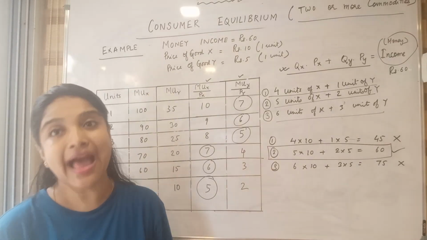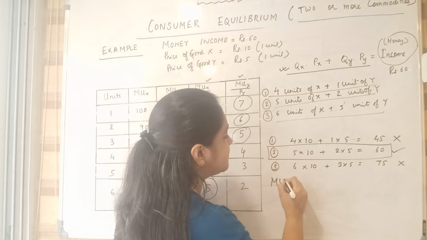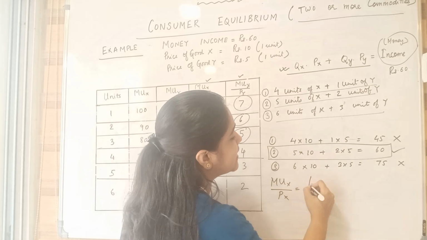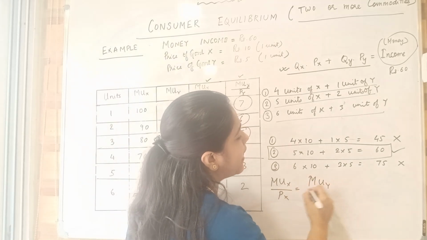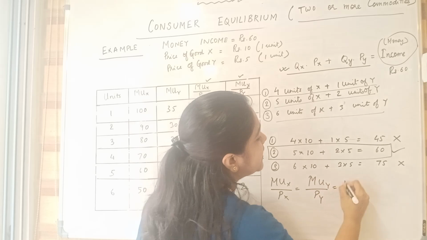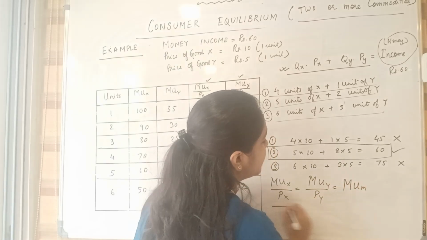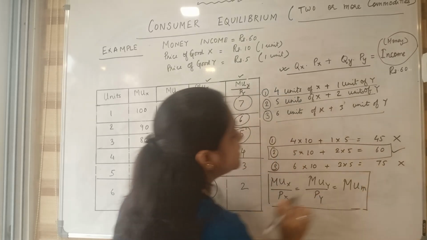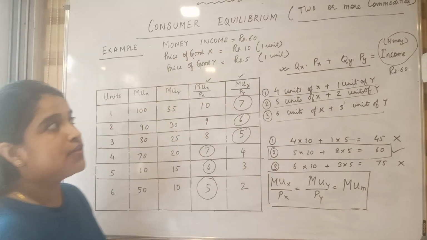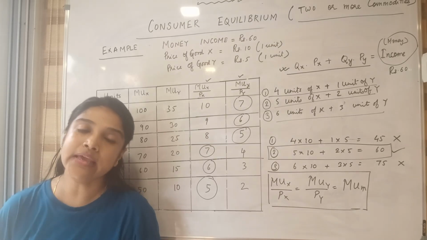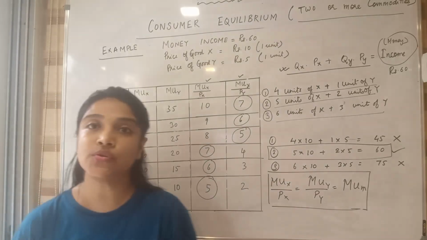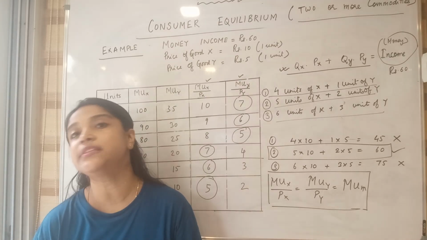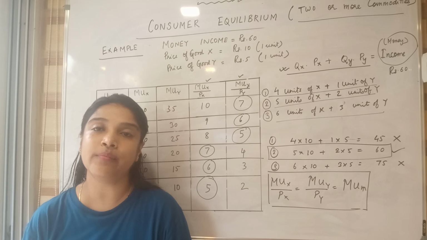It is the point at which MUX divided by PX is equal to MUY divided by PY, which is equal to the marginal utility of money expenditure. So at this point the consumer derives maximum satisfaction. So this is the law of equimarginal utility. I hope students you have understood this law of equimarginal utility or consumer's equilibrium in case of 2 or more commodities.